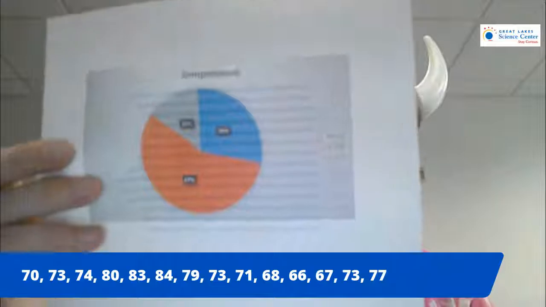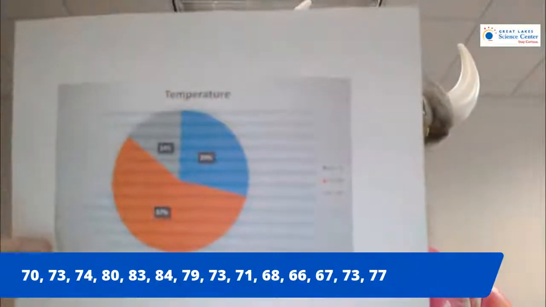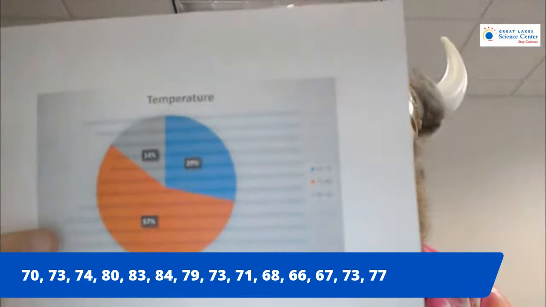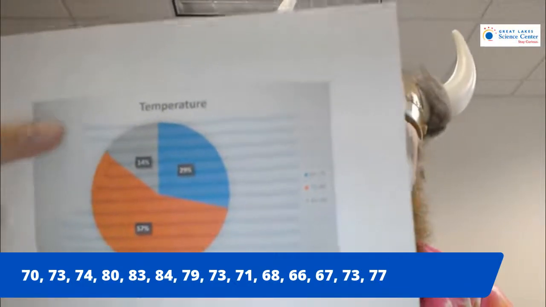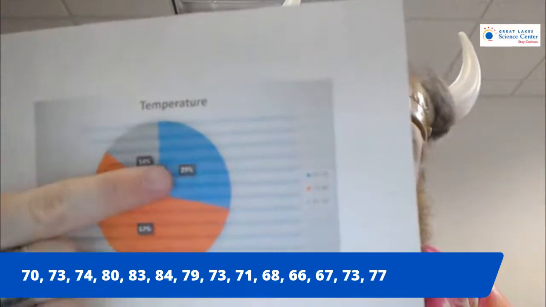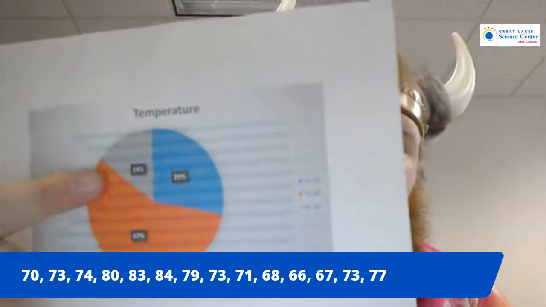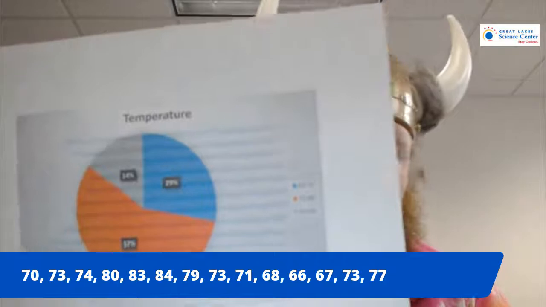So that means that most of our numbers, more than half, fell under the 71 to 80. A little more than a quarter are 60 to 70, and then only 14% were 81 and above.